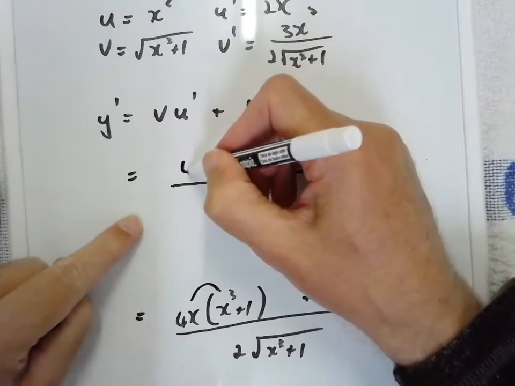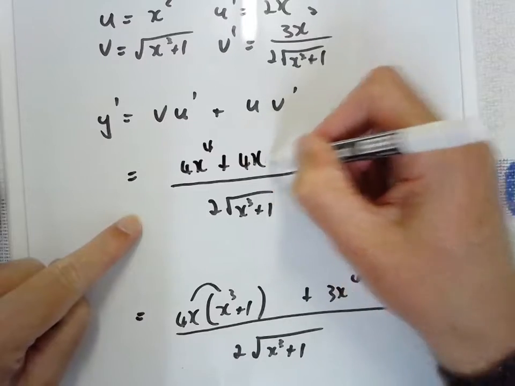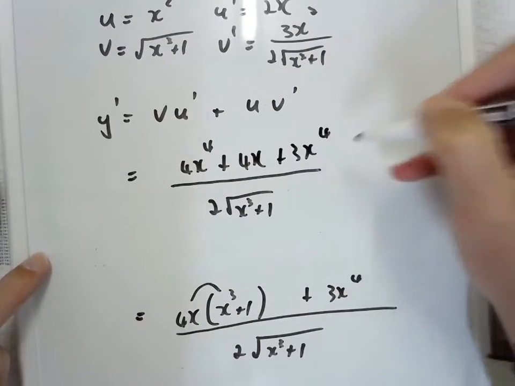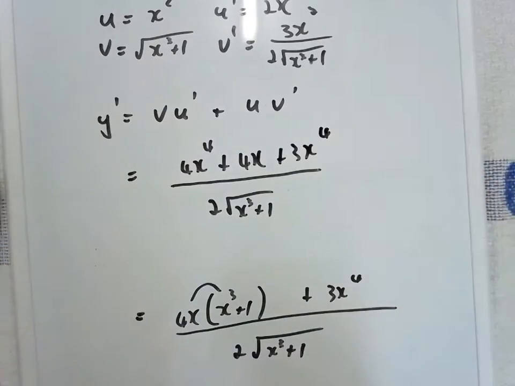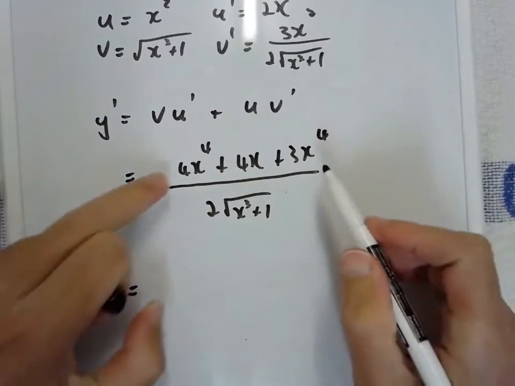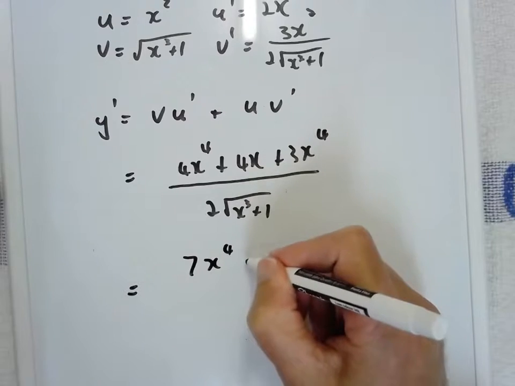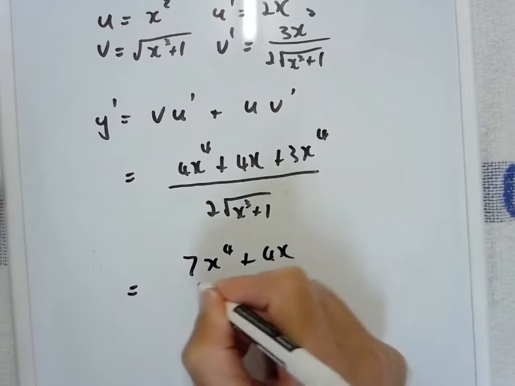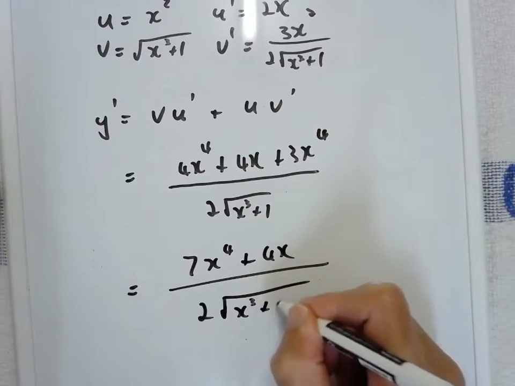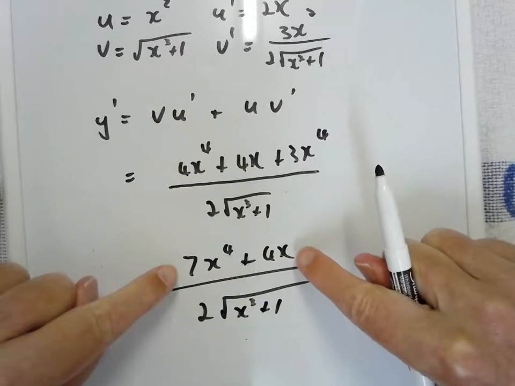So that's going to be 4x to the 4 plus 4x plus 3x to the 4 all over the square root. 4x to the 4 plus 3x to the 4 is 7x to the 4 plus 4x on 2 root x cubed plus 1. The only other thing you could do is drag that x out.